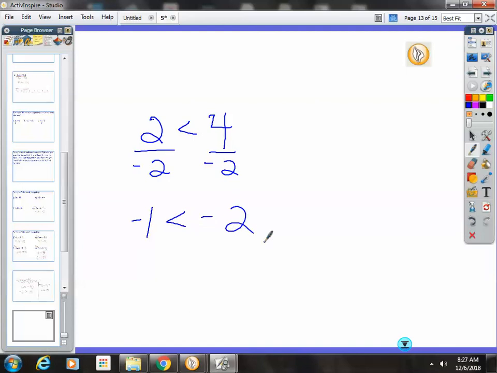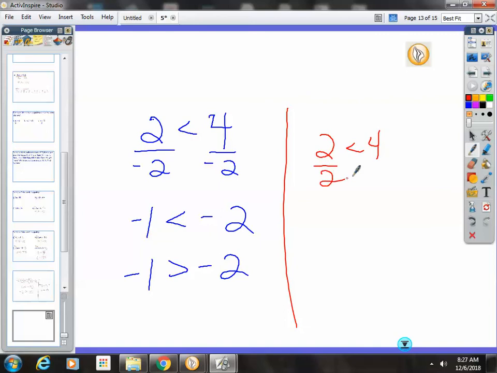Is that true? No. And again, to make it true, we would have to flip the symbol. If I divide by a positive 2 on both sides, it remains true, doesn't it? If we divide by a negative number or multiply by a negative, we do have to flip that symbol to make it remain true.